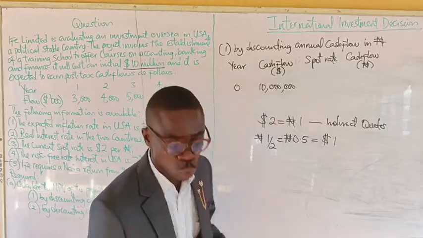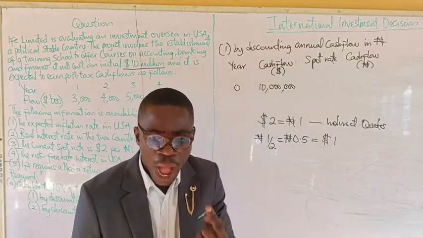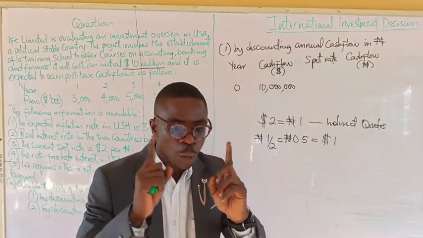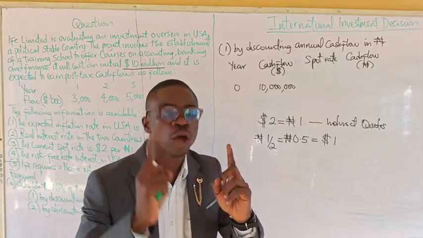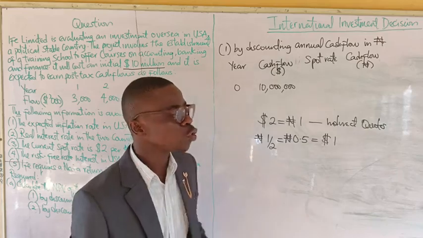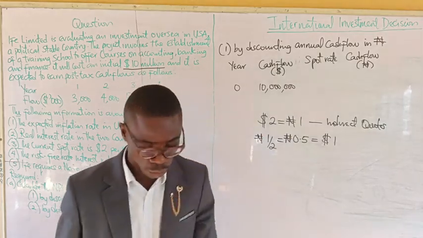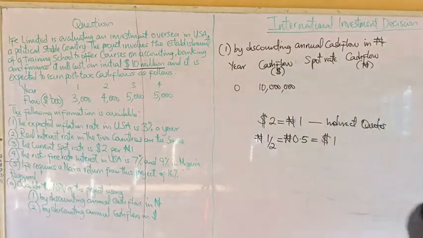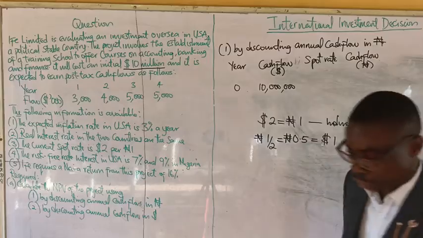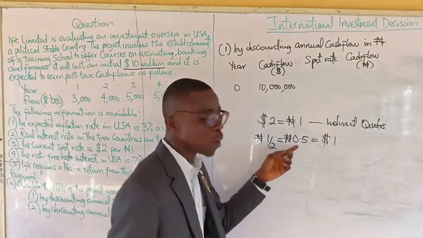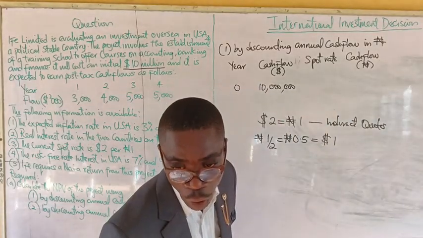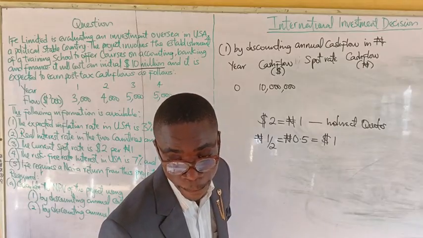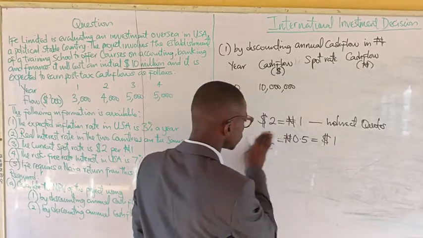You need to know what is the equivalent amount of $1 in naira. So when you know it, that's when you multiply it. Am I communicating now? So $1 is how much? Is 0.5, right? Okay.